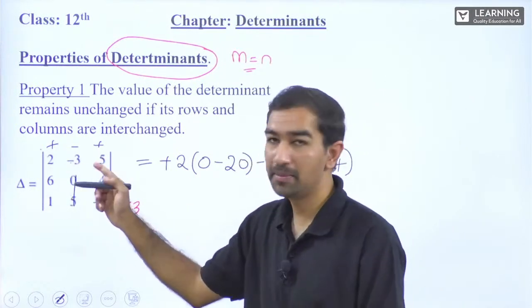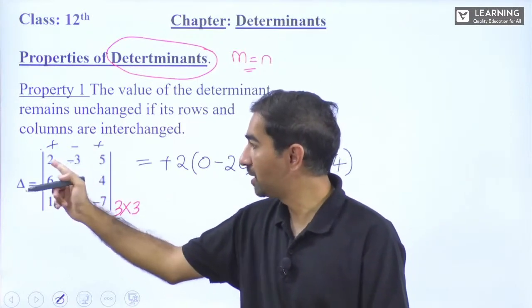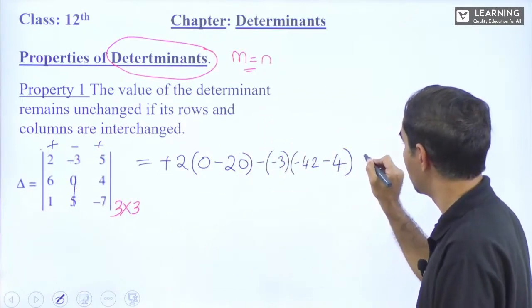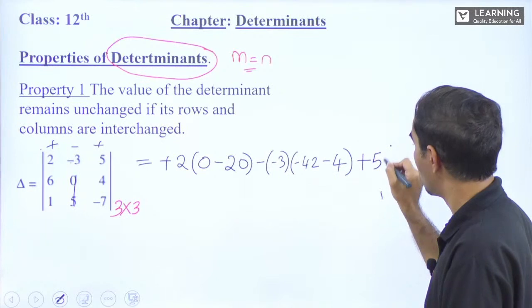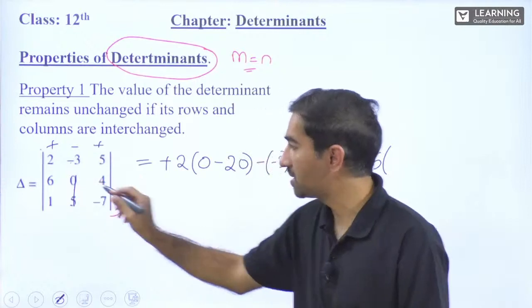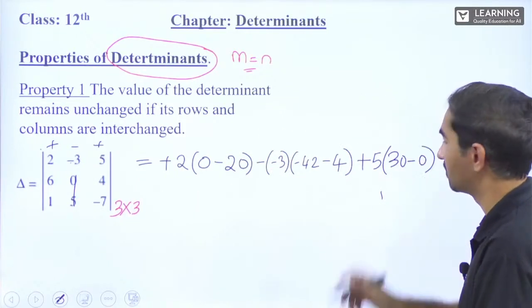Now we are expanding the determinant with respect to the first row, right? So both these elements of the first row are done. The next element is plus 5. So here we'll write plus 5 of: the 5's row and the 5's column are gone. So this is becoming 6 5s are 30 minus 0. We'll write 30 minus 0.